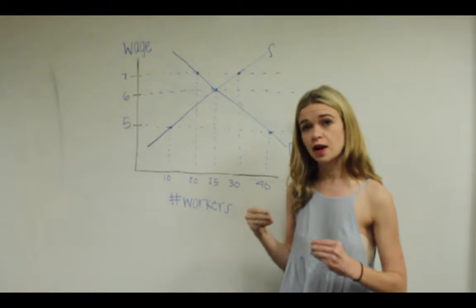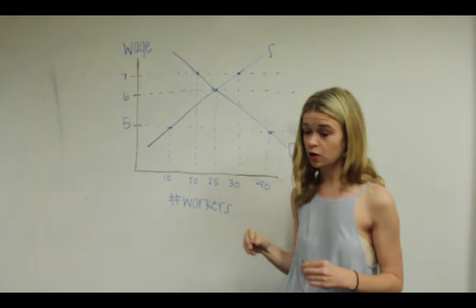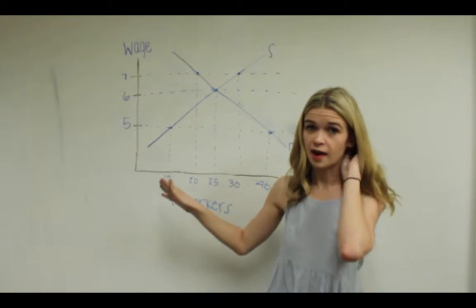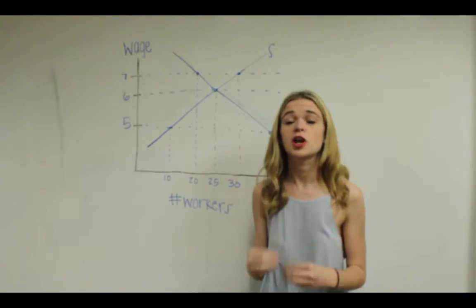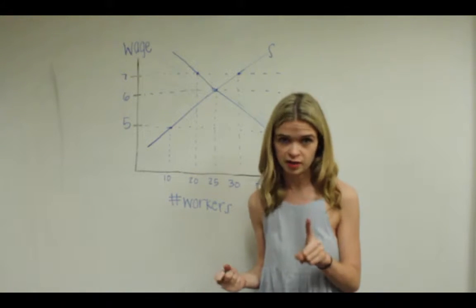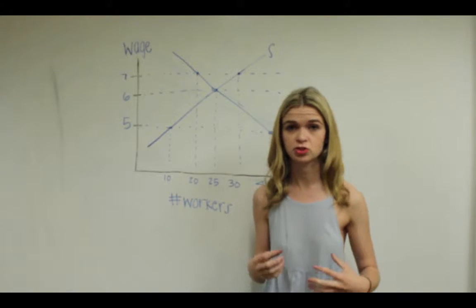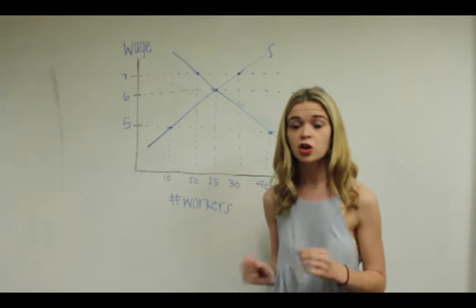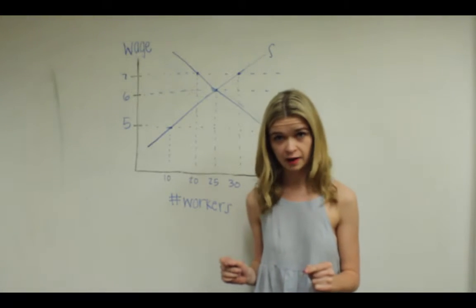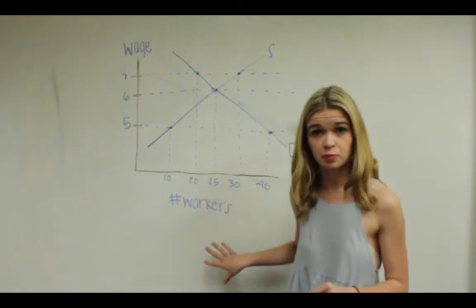All right. If you remember from the output market, when we change price, which was normally on the y-axis, it causes a change in quantity demanded or quantity supplied, not a change in demand or supply. You'll notice that this is different than a shift in demand or a shift in supply. It works the same way in an input market.